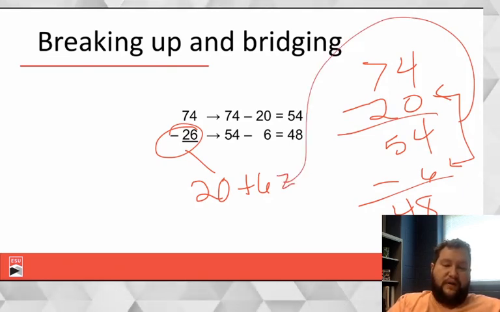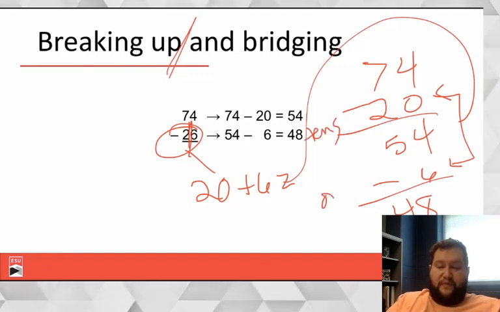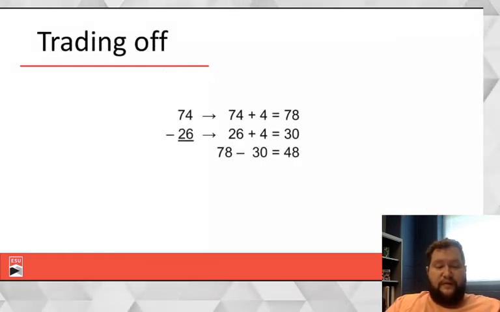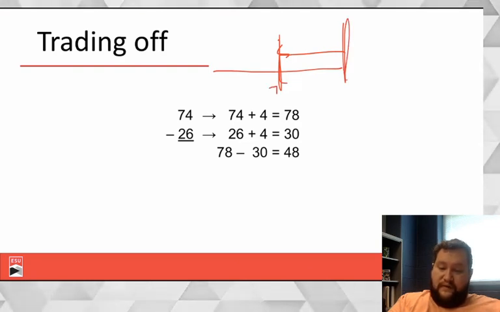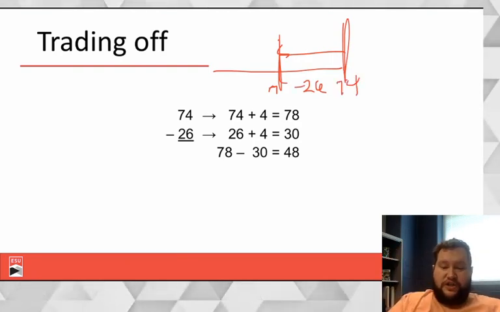So this is this notion of breaking up, because we separate by place value. So we had 10s and our 1s, and we got to our solution. Trading off. So suppose you have 74 minus 26. Well, what we can do, just like, remember when we talked about our number line, as long as we shifted those numbers, 26, 74, as long as we move those two endpoints the same distance, we're not going to change the difference.